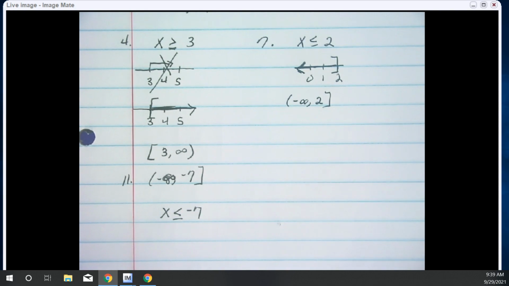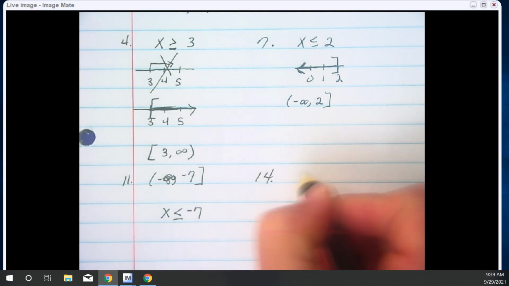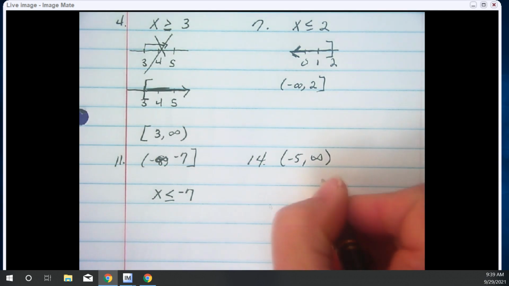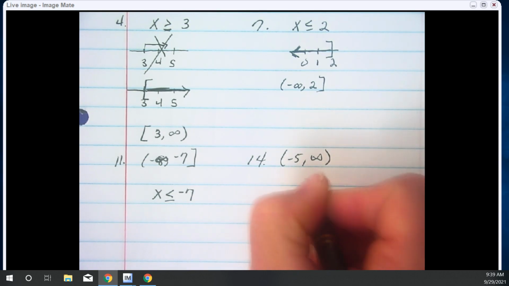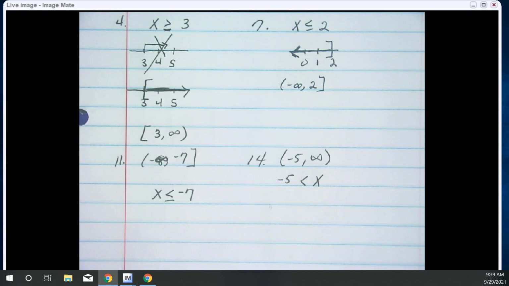Good job. Okay, what if I have problem 14, parenthesis -5 to infinity as the interval notation, and I need the inequality? X is greater than -5, or -5 is less than x.